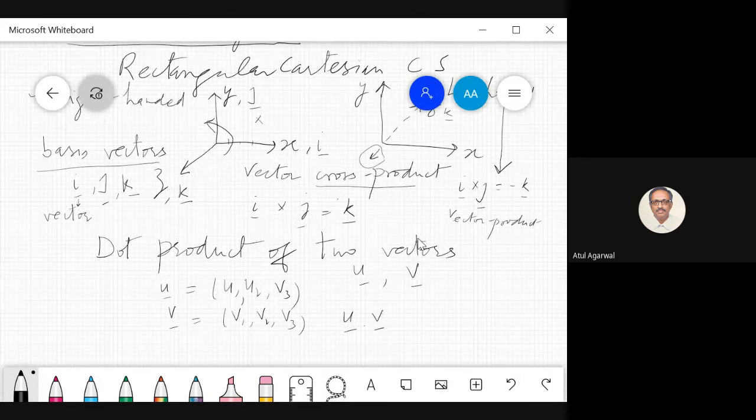What is dot product of these two vectors? You all know this. But you can also write it like this, where i is a repeating index, also called a dummy index.